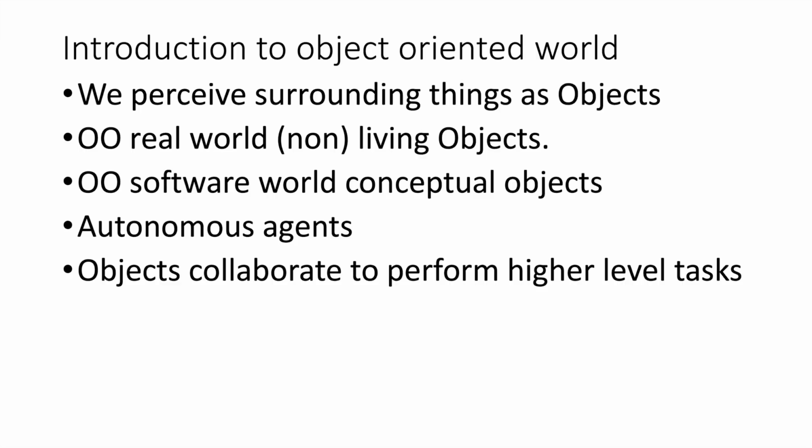Wherever the task goes outside the scope of that object, it will send a message to the other object. In our case, the radar's job is not to fire the rounds, but the radar's main task is to identify or locate the target. Now it will cooperate with the gun by sending a message, and it's the gun's task to fire the rounds.